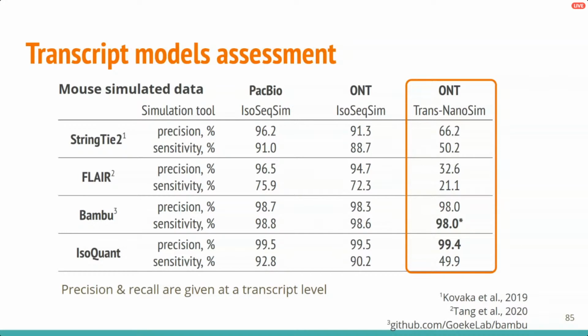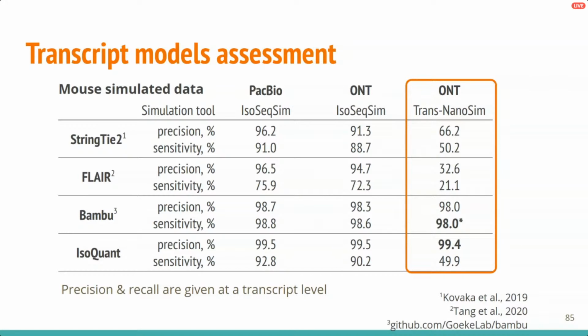Bambu always outputs the complete input annotation, and in addition to this input annotation, outputs some novel transcripts. So even if some transcript is present in your annotation but is not present in the reads, Bambu will output it anyway. So that's the difference. That's why it's not correct to compare sensitivity of Bambu to other tools, because other tools ignore isoforms which are not confirmed by any of the reads, or confirmed by very few reads.